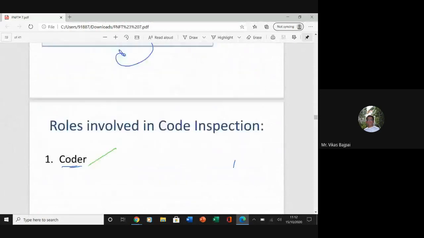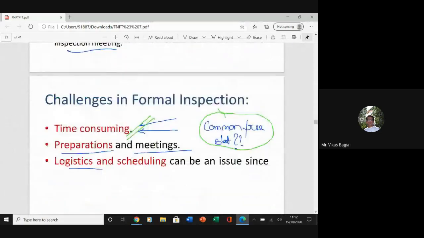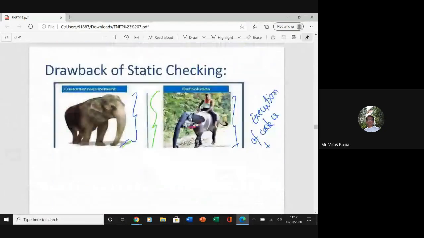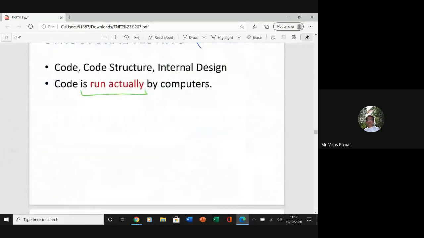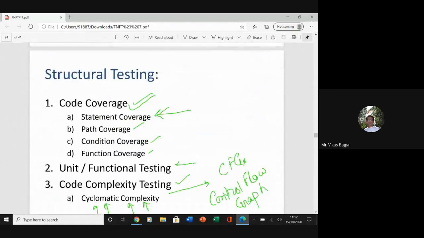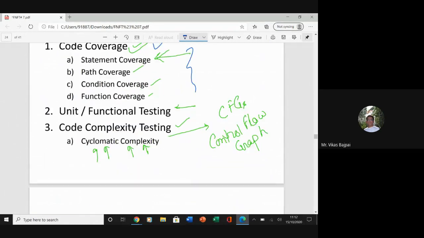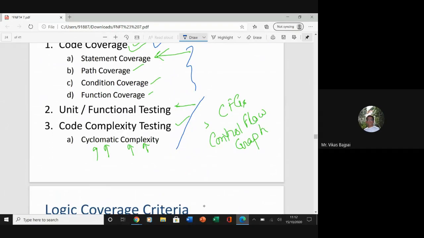Then we had the inspection and the people involved in peer reviews, and then the structural testing where we were actually running the code and looked into the code coverage part, and said that these are the options we have.